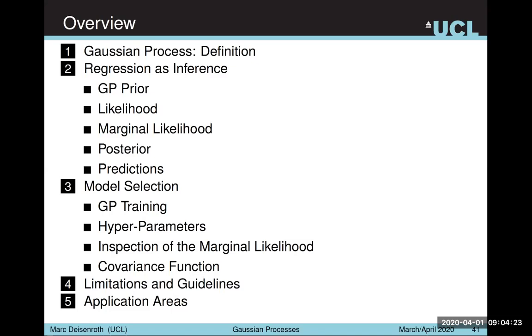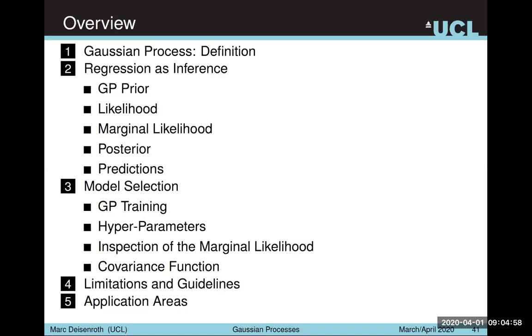So we are looking at something called model selection. How do we choose a good length scale, or how do we choose a good covariance function? That all falls under the category of model selection. We're going to start with choosing good hyperparameters for a given kernel. It will turn out that in order to find good hyperparameters, we're going to maximize the marginal likelihood. So the marginal likelihood from yesterday will come back to us today.